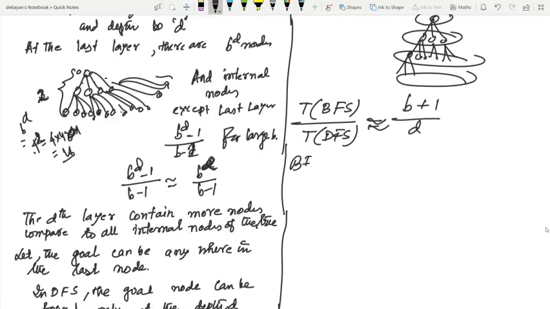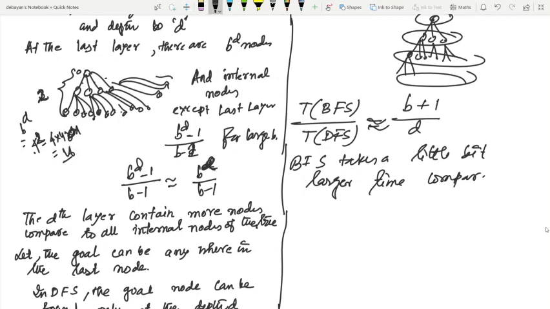So BFS takes a little bit larger time compared to DFS, but not much more. That is the first performance analysis, the time complexity.